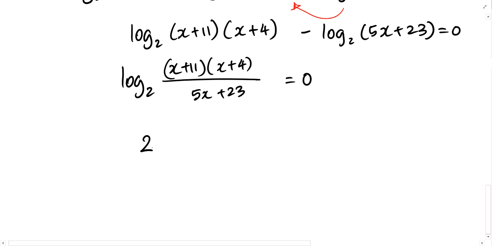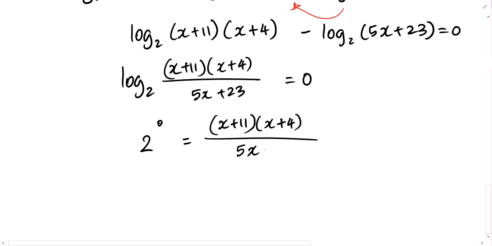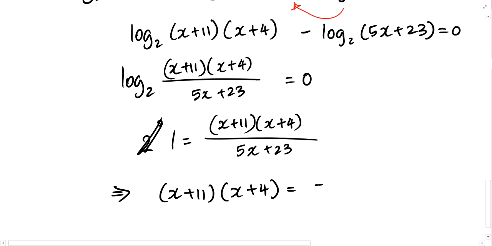So if I were to derive it, I actually have 2 to the power of 0 equals (x + 11)(x + 4) divided by (5x + 23), correct? I'm just converting from log to exponential. And this is actually equal to 1. What this means is that (x + 11)(x + 4) = 5x + 23.